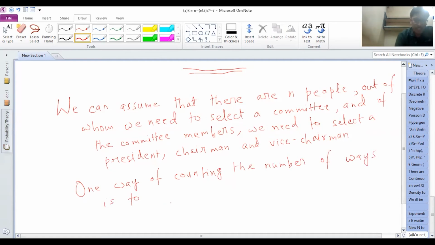So say we choose a committee of k members, we can do that in n choose k ways, and from among the k chosen members, we can select the president, chairman, and vice chairman in k cube ways, because all of them might be the same person. There is no restriction on that.